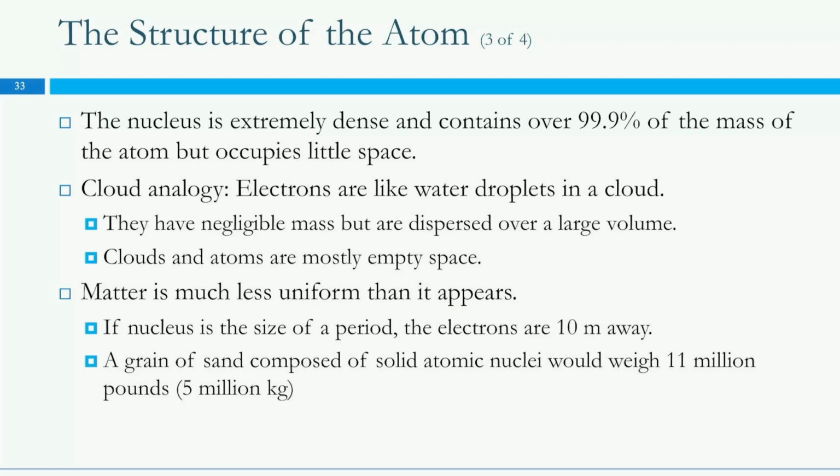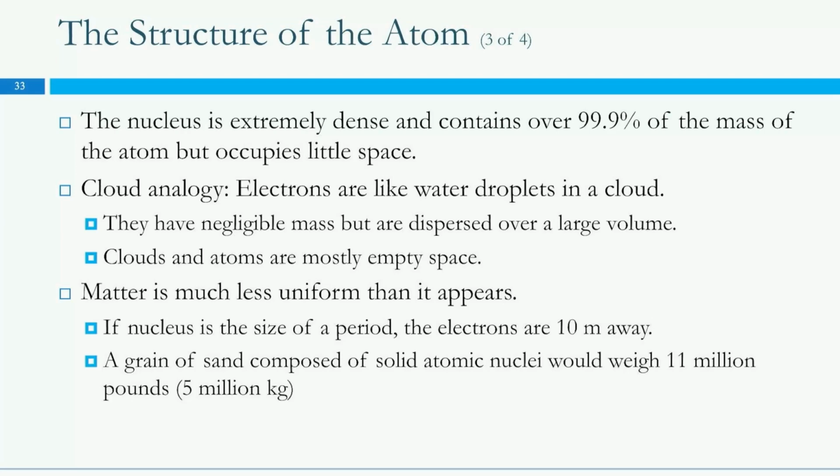As an analogy, a grain of sand composed of solid atomic nuclei would weigh 11 million pounds. So if you had a grain of sand that was only made of nuclei and we took out all of the space, it would weigh 11 million pounds. And that might be getting close to heavy enough to be a black hole.